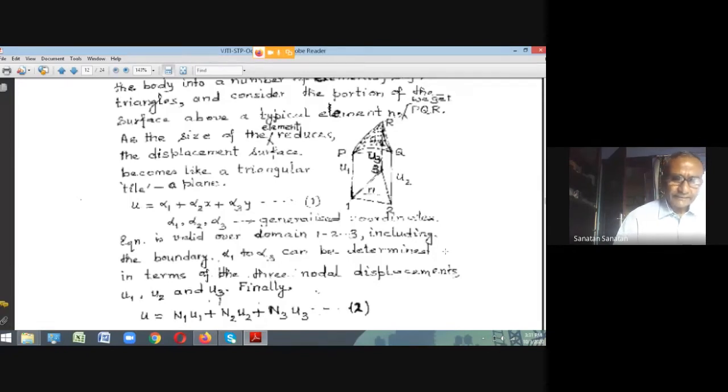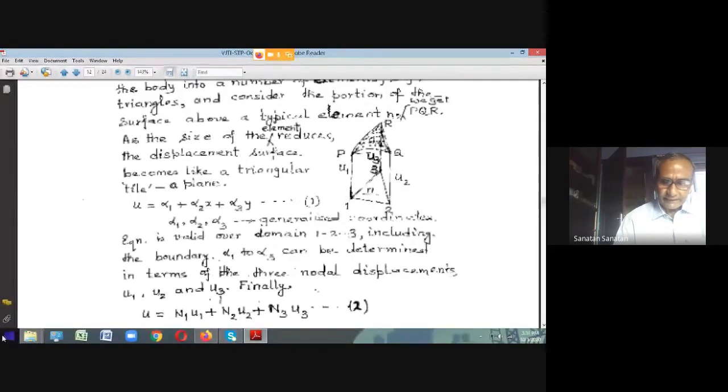So if I represent the displacement at the 3 corner nodes as u1, u2, u3, then I can solve for these constants alpha 1 to alpha 3 in terms of the vertices of the triangle.